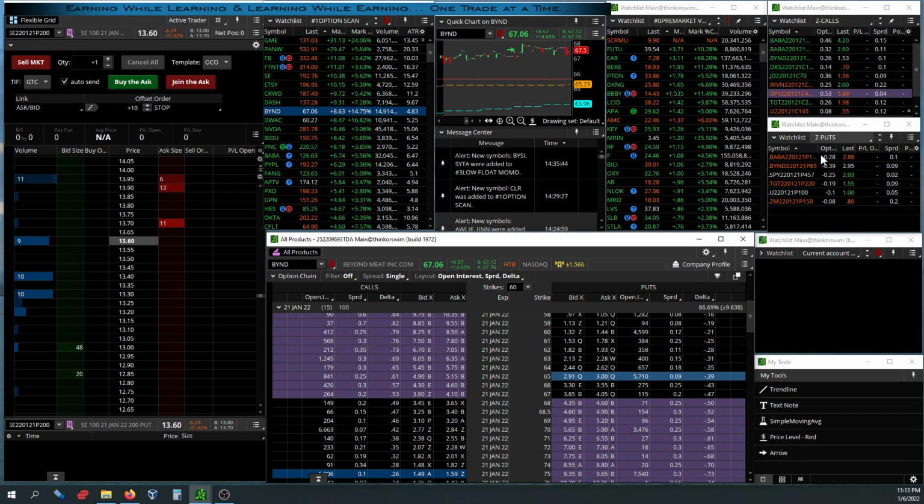Once I go through and I find my contracts that I'll be interested in, and again, this here is all done pretty much before the market is open, I'll go through the option chain and find these contracts that I'll be interested in trading.